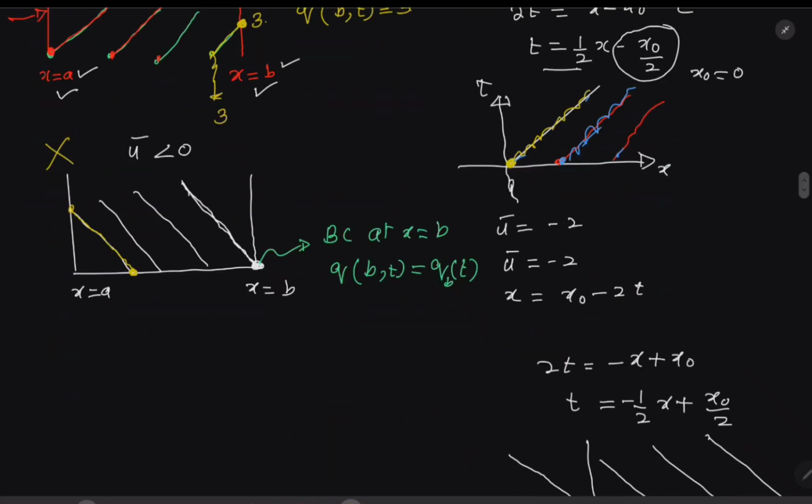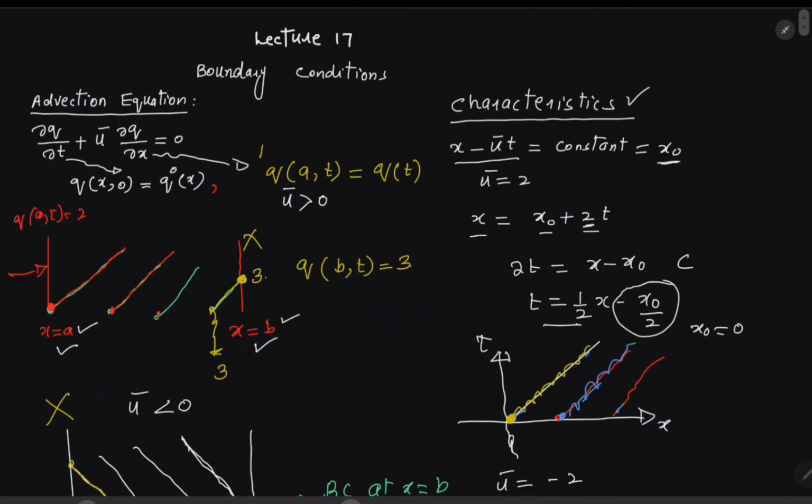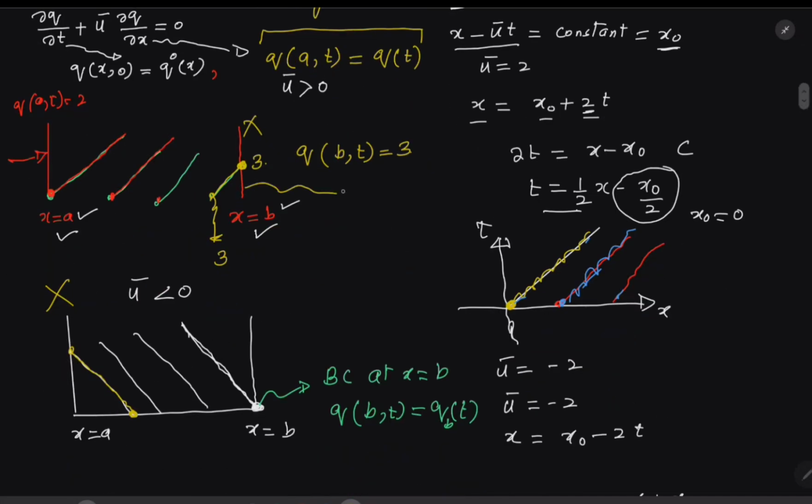Now, wherever you give the boundary condition, this boundary condition is called the physical boundary condition. And on the right hand side, where we don't need a condition because it is coming from the interior, that is called the numerical boundary condition.